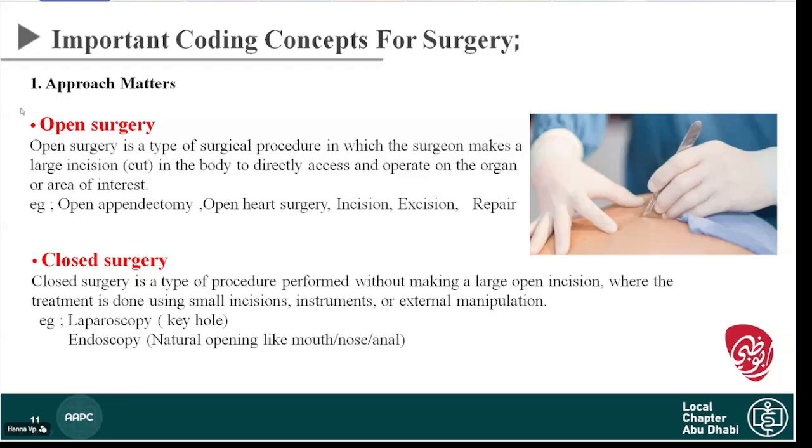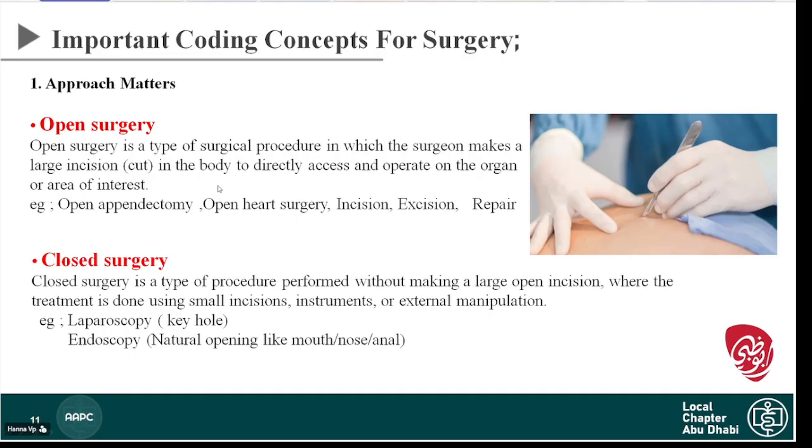What does open surgery mean? This is a type of surgical procedure in which the surgeon makes a large incision, a cut in the body, to directly access the organ or area of interest.